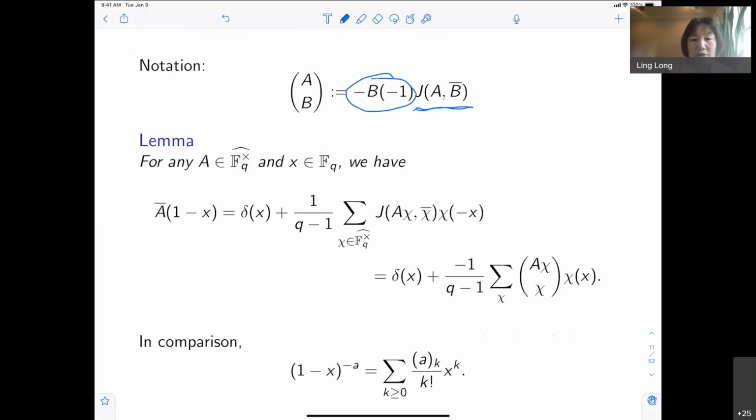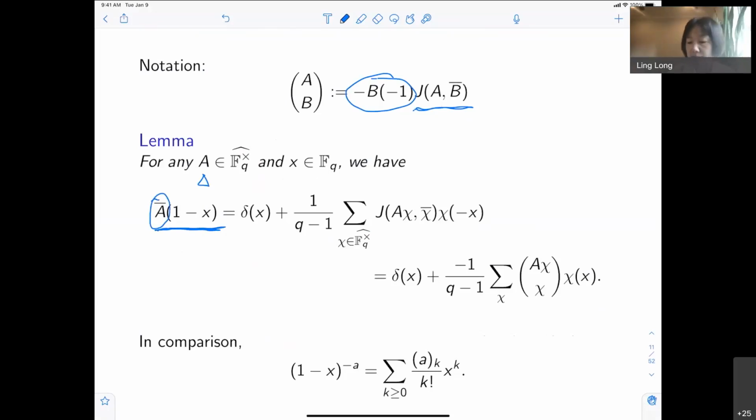Now we're going to apply finite Fourier analysis to one of the basic functions. Given a multiplicative character, we look at its inverse, a bar, and evaluate the function a bar applied to 1 minus x.